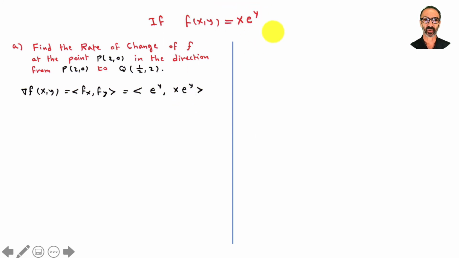With respect to y, x will act like a constant, so it's going to give me x e to the y. The gradient at (2, 0), just by plugging in 0 for y and 2 for x, we have e to the power 0, and this is 2 up front. That will give me (1, 2).